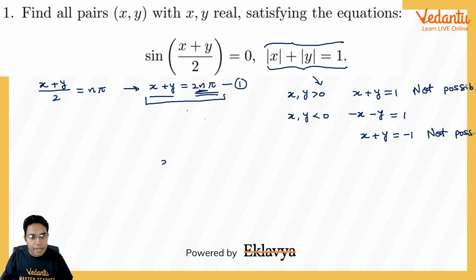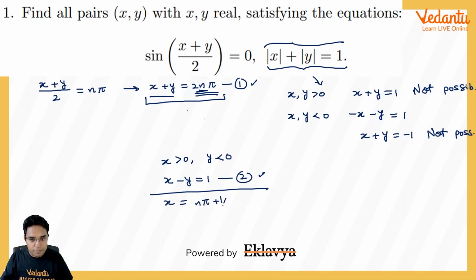Now, I will take x positive and y negative. In that scenario, we will get x minus y equal to 1. Let me call this equation number 2. If we solve 1 and 2, we will get x equal to n pi plus half and y equal to n pi minus half. Now, we want x to be positive and y to be negative. So the only possible value for n is 0 here. Why?